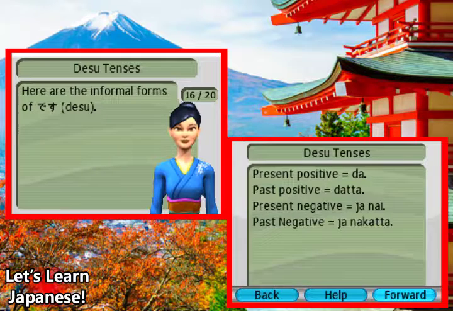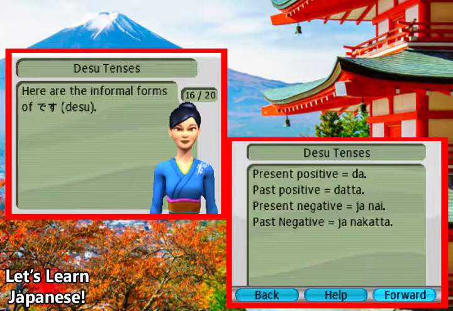So, neko wa kuruma janakatta. Pronunciation's weird. I was trying to say the cat was not a car.